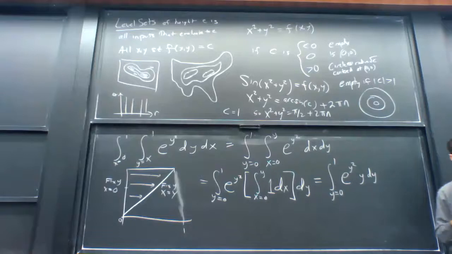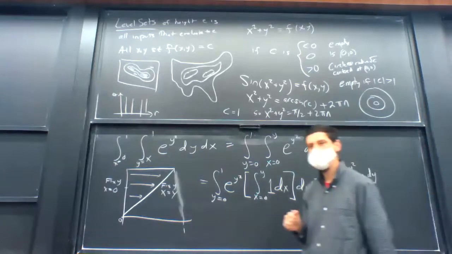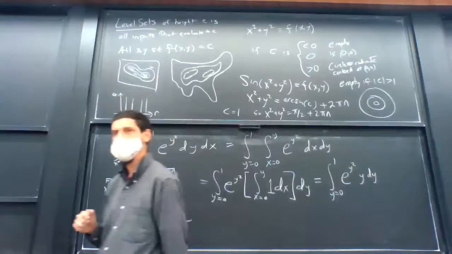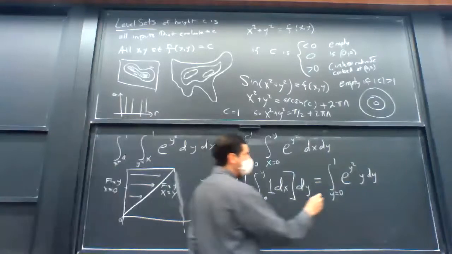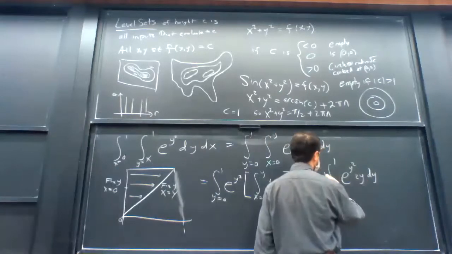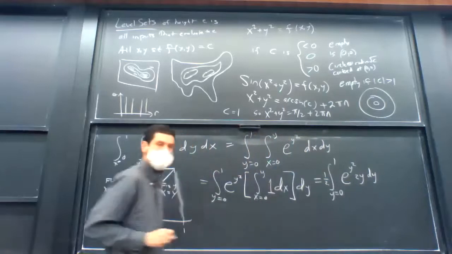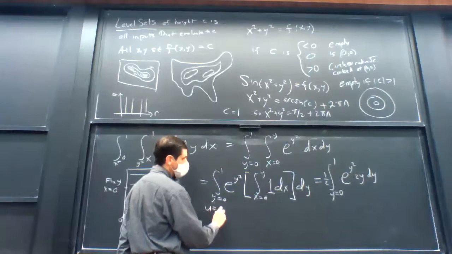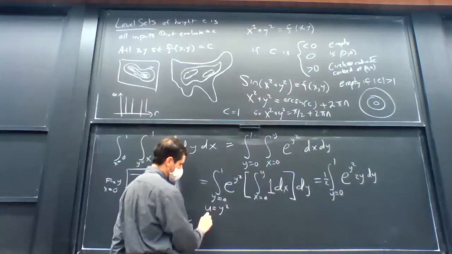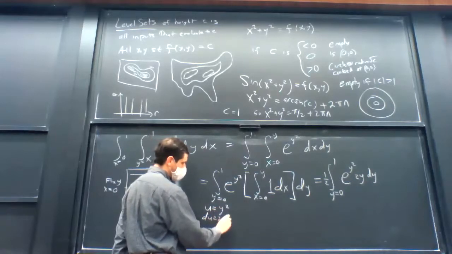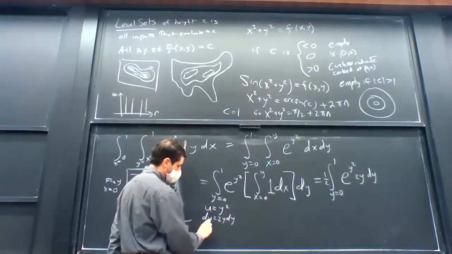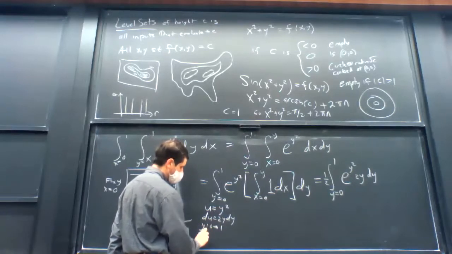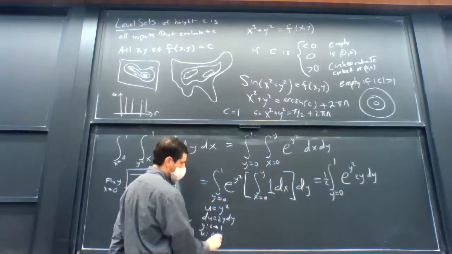So this is almost perfect. What am I missing to make this perfect? A 2. So if I put in a 2 over here and a 1/2, I'll go slowly and do it with u substitution. If I let u equal y squared, du is 2y dy, y goes from 0 to 1, u goes from 0 to 1.